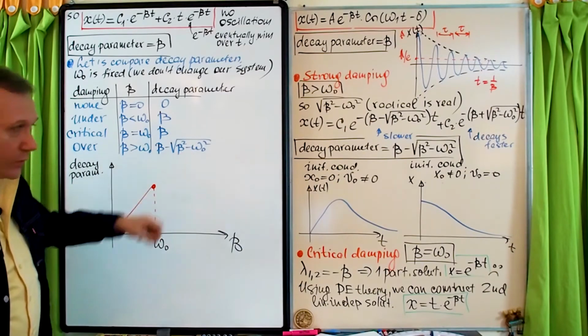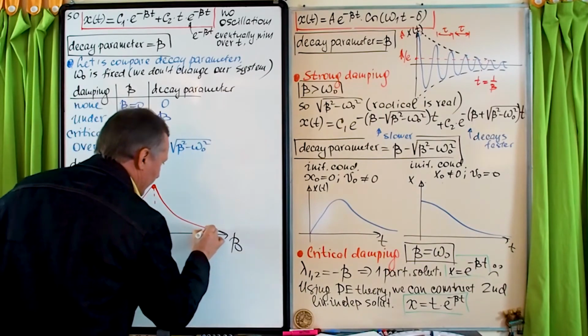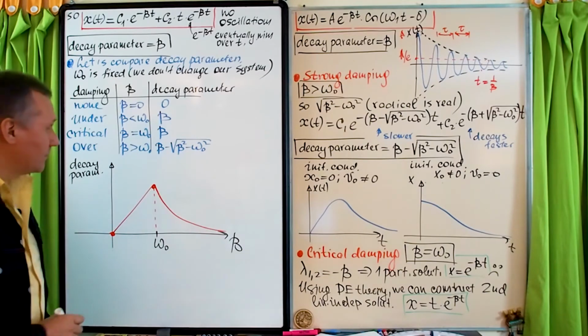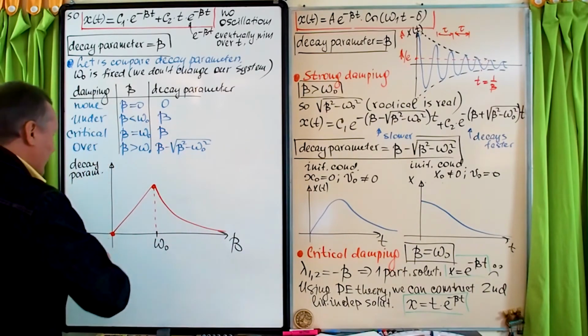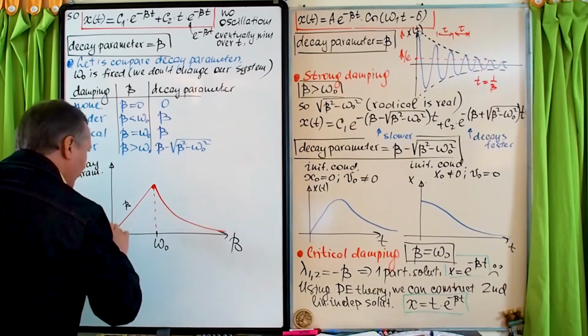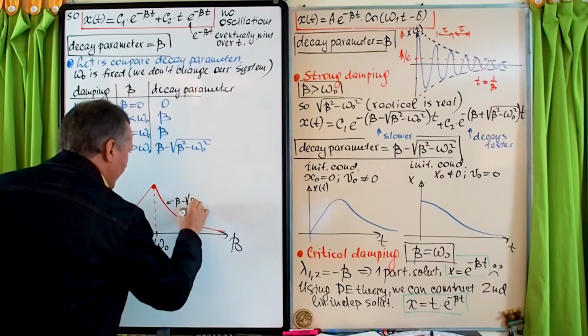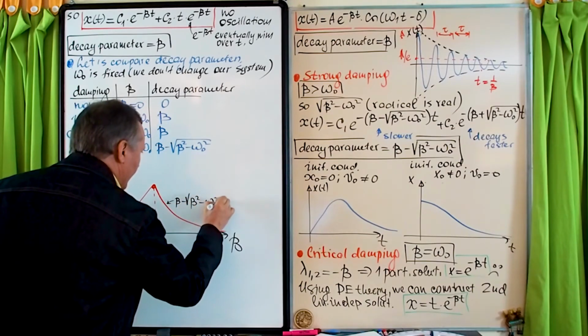If you plot it, you will end up with something like this. So this is beta, and this is beta minus square root of beta squared minus omega naught squared.